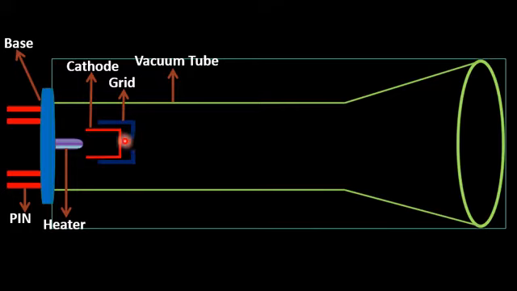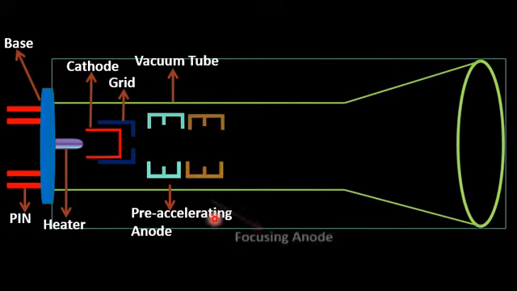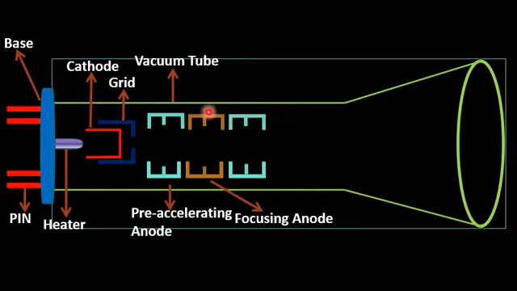Dear student, please note that the cathode ray tube also consists of a pre-accelerating anode, a focusing anode, as well as an accelerating anode.